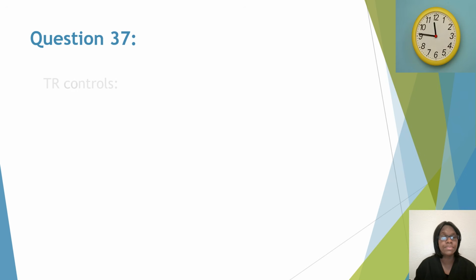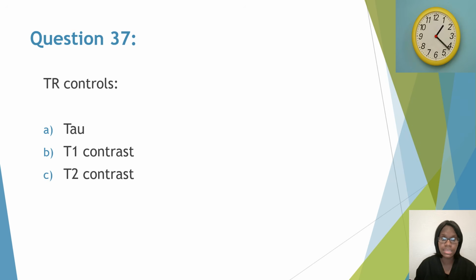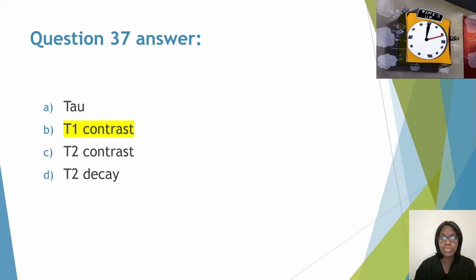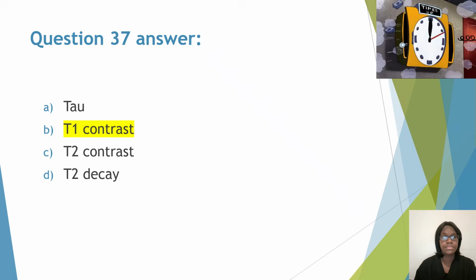Question 37. TR controls A, tau, B, T1 contrast, C, T2 contrast, D, T2 decay. All right, the correct answer is B, T1 contrast.